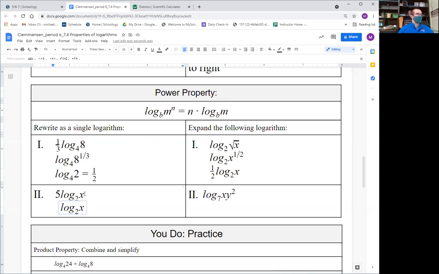Right here. What number have we not used from this right here? Want to get a little closer? Yeah. What is? I'll change it. That's a 5. So what am I going to do with that 5?